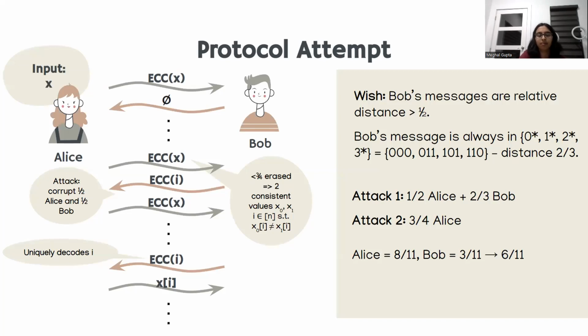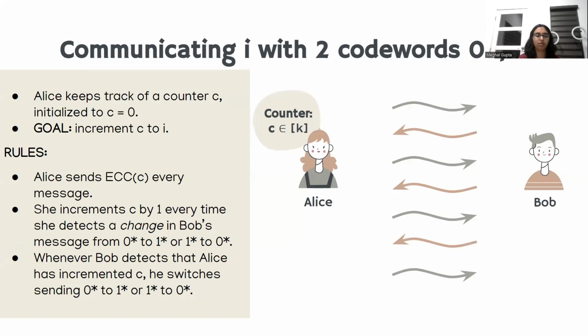So basically what we want to do now is have Bob able to communicate the message I to Alice while only sending one of 4 possible messages, instead of explicitly sending over ECC of I. If you just wanted Bob to communicate the message I to Alice in one message, he obviously can't do this with 4 possible code words, because there are more than 4 possible values of I. However, he can use many messages to do this over the course of the protocol.